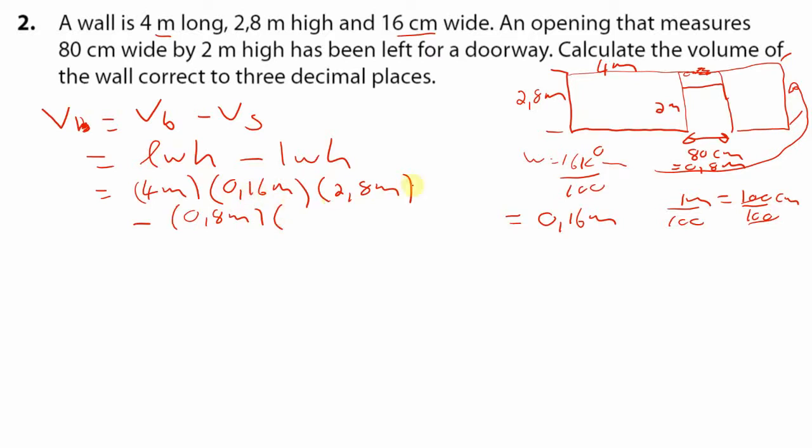The width will be exactly the same. It's the 0,16 meter. It's like the thickness of the wall. And then the height is the 2 meters.